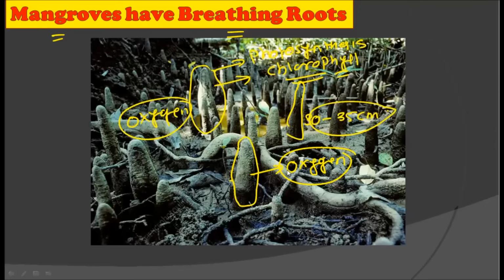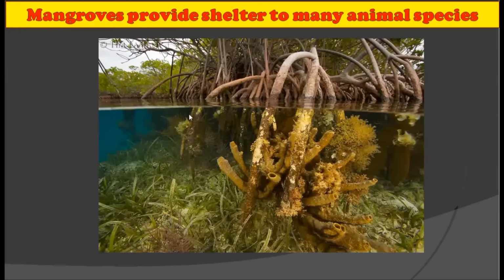So in this way, they avoid the stress of anaerobic condition. So the mangroves have very special breathing roots. We call them pneumatophores. They generally come out vertically from the ground, and they are generally 30 to 35 centimeters in length. Often they are green in color and can perform photosynthesis, but their primary aim is to have access to the oxygen.